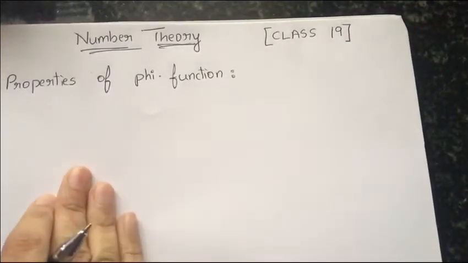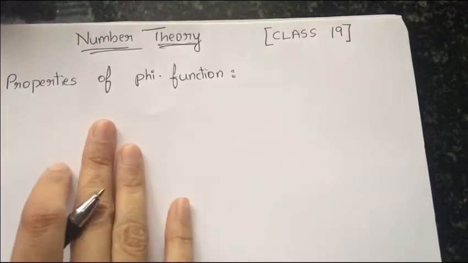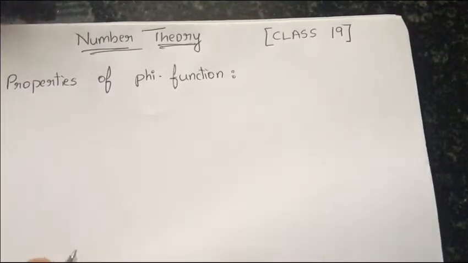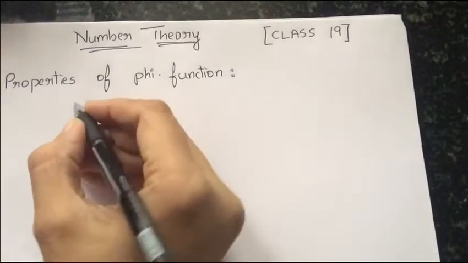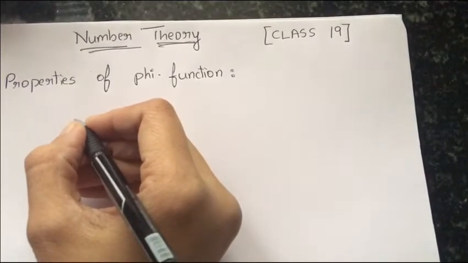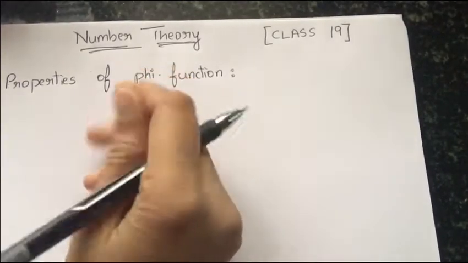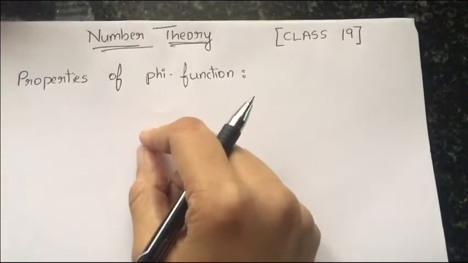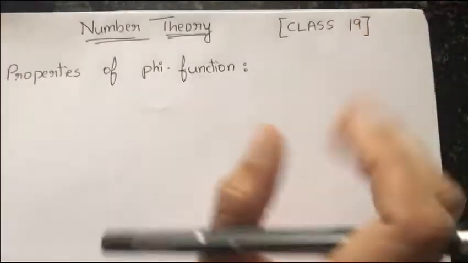In today's class I'm going to discuss some properties of the phi function. If d is a positive divisor of n, then the sum of all the values of phi of d is equal to n.